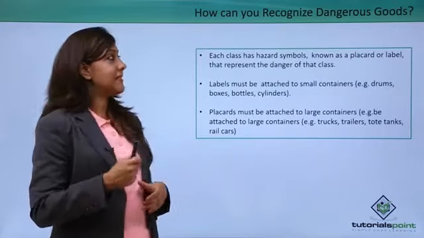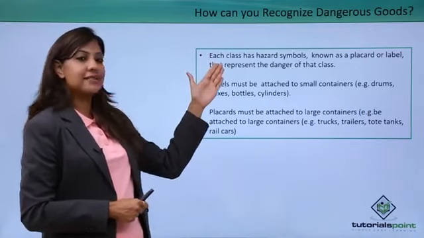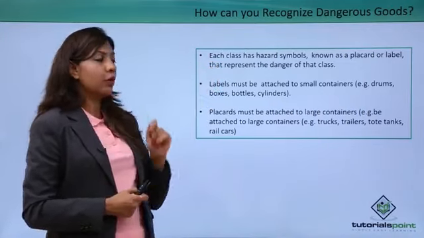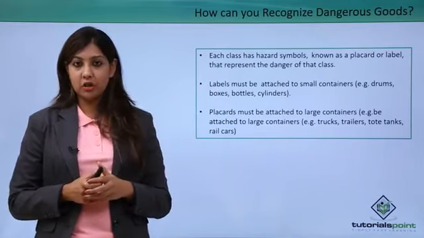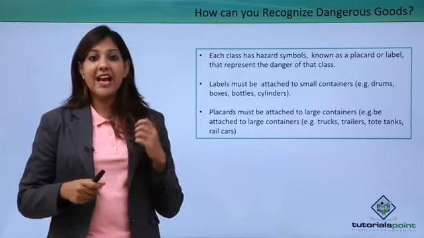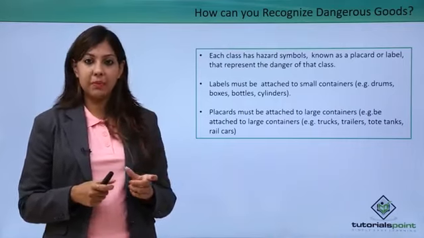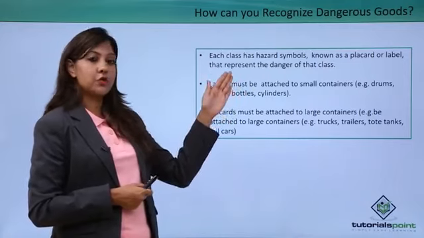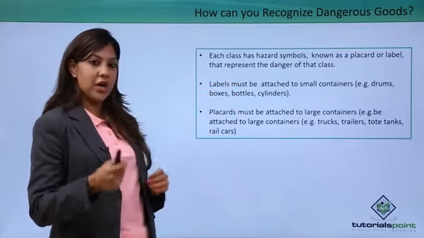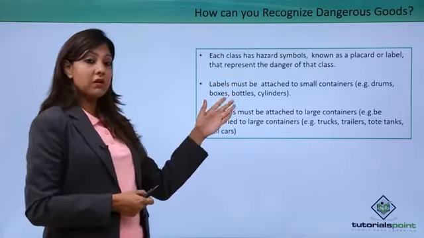Well, how can you recognize dangerous goods? Each class has a hazard symbol known as a placard or label that represents the danger of that particular class. So if it is highly flammable, it will have a placard or a label of that particular kind. Labels must be attached to small containers, for example drums, boxes, bottles or cylinders.